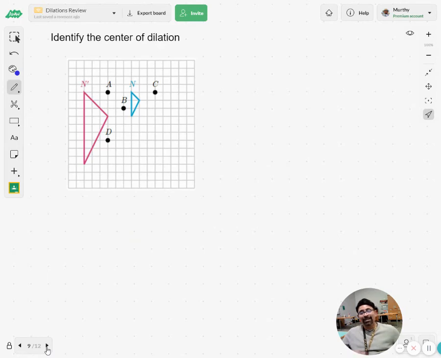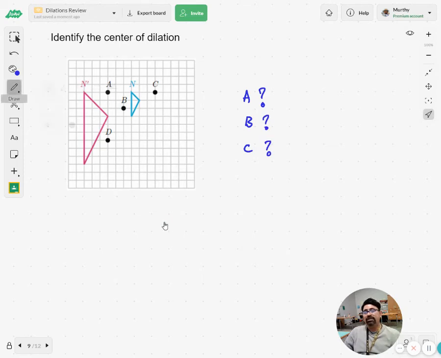Right. And next, identify the center of dilation. Identify the center of dilation. So here, if you are asked to find which is the center of dilation, is it point A, point B, point C? Finding the center of dilation is easy.